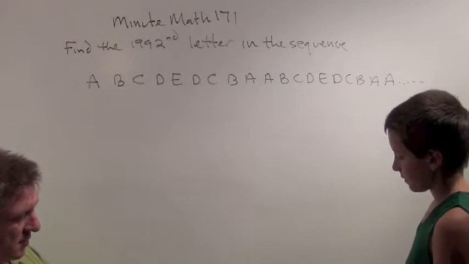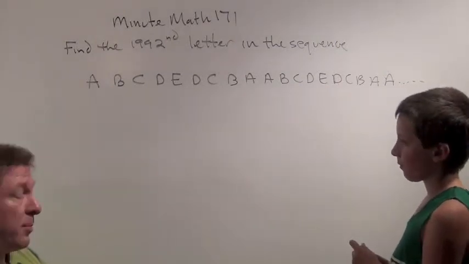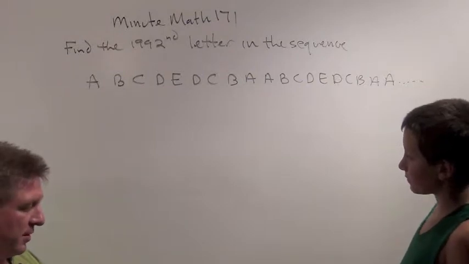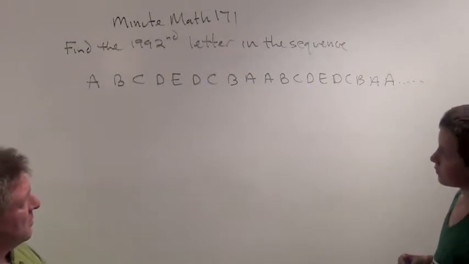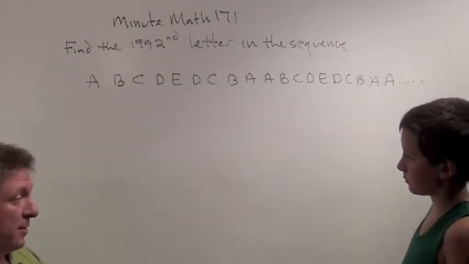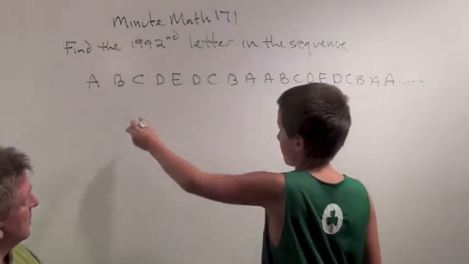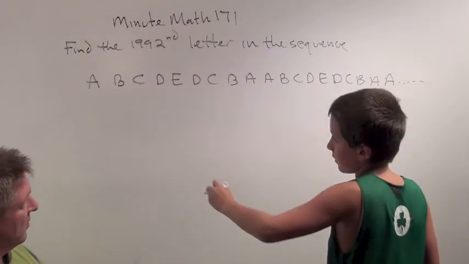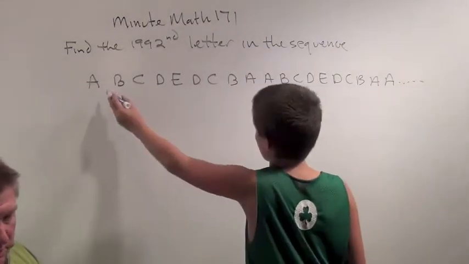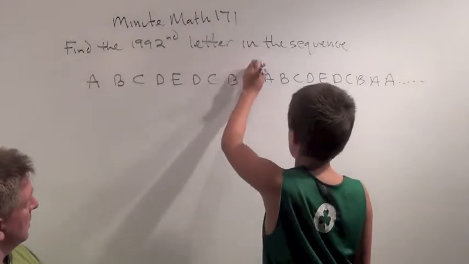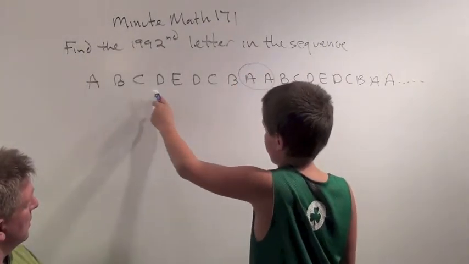So what kind of problem is this? It's a finding pattern problem, where we've got to find the pattern. Do you see any patterns? I guess that'd be a good place to start. Aside from the first one, 2 A's occur every 7 letters.